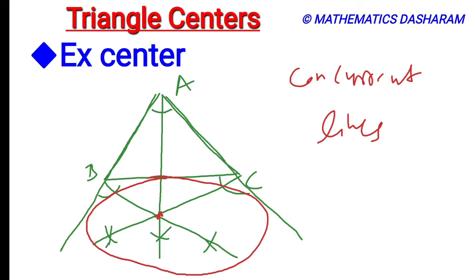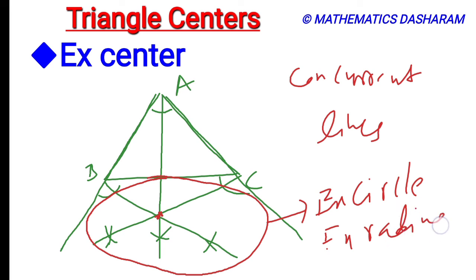One side touched internally, the other 2 sides touched externally. It is called an excircle, and the radius of this circle is called the exradius.